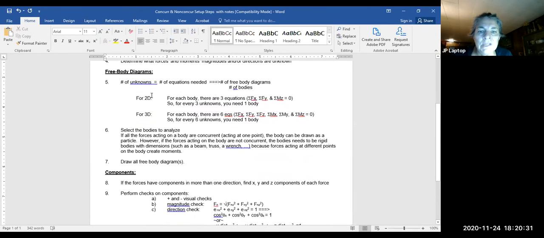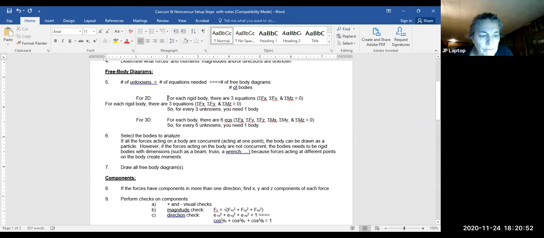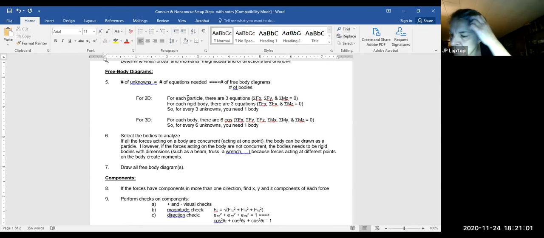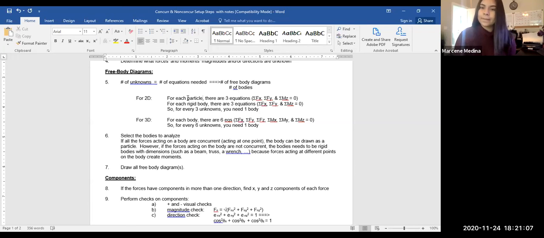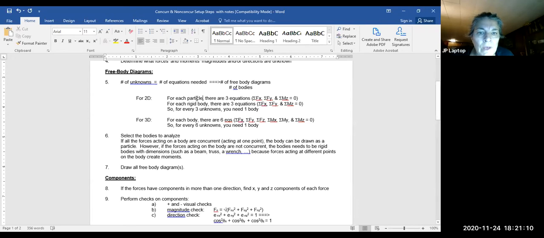Some of you did need to be reminded about equation counts. How about if I wrote, for each particle, how many equations do you have when you do statics of particles?